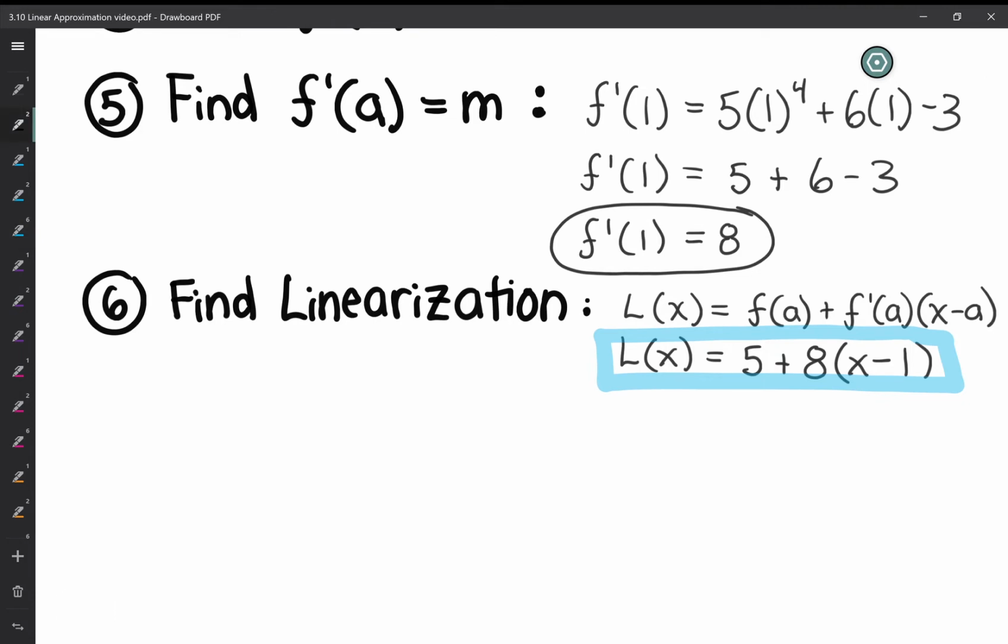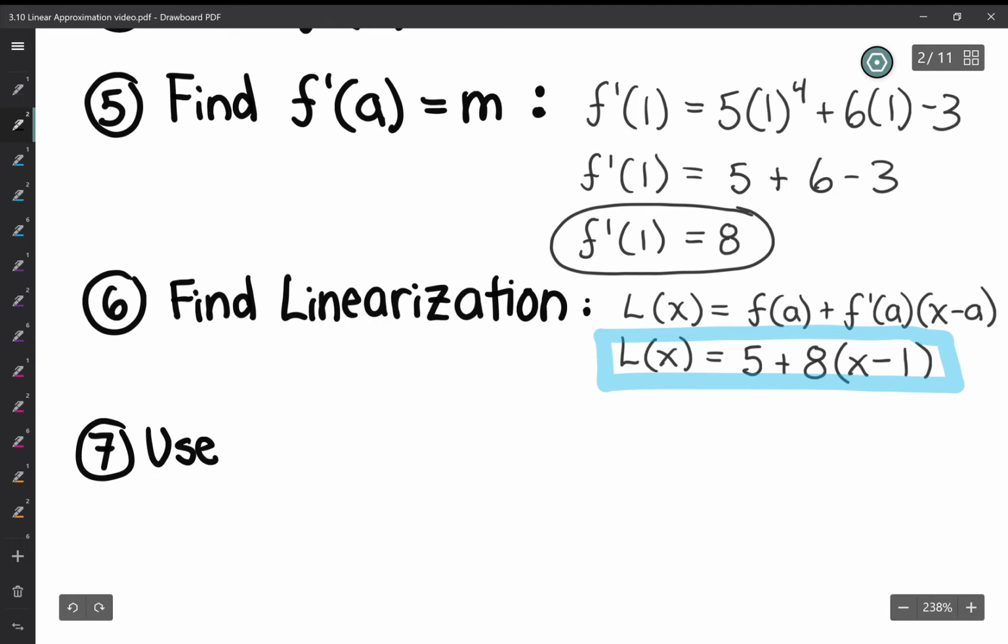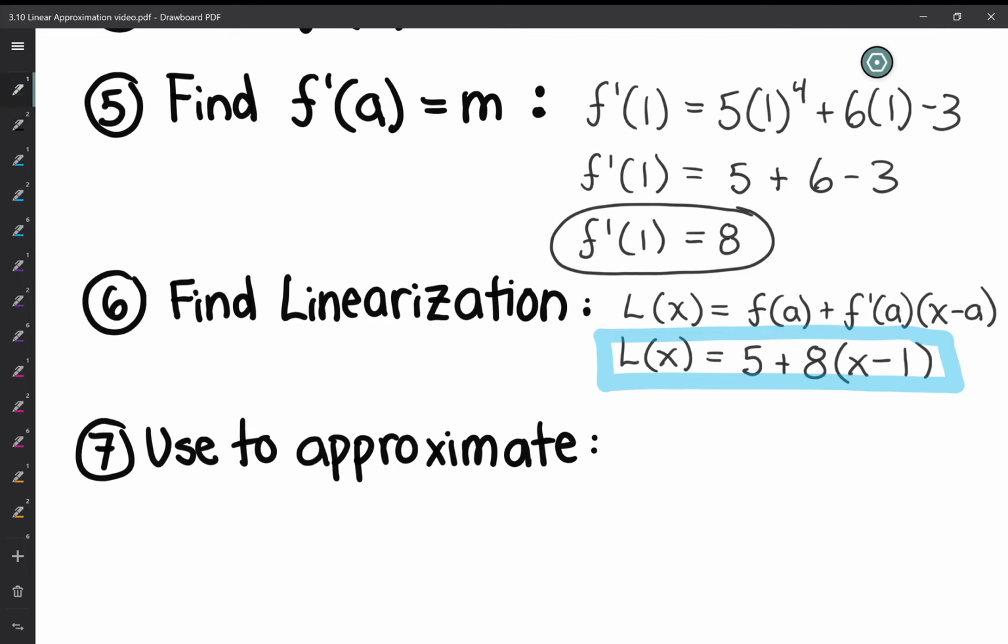The next part of our question asks us to use this to approximate. We're trying to approximate f of 1.05, so that means that x is equal to 1.05.